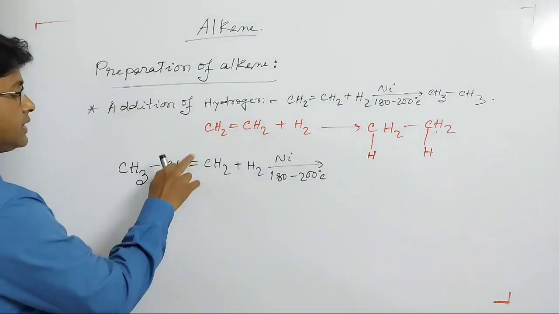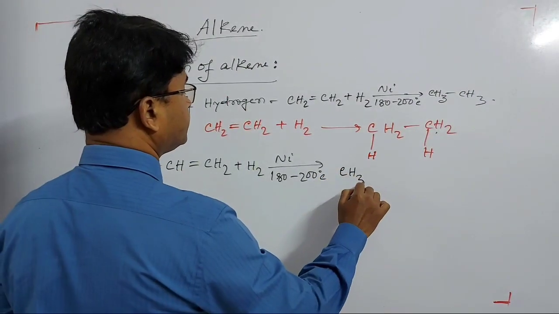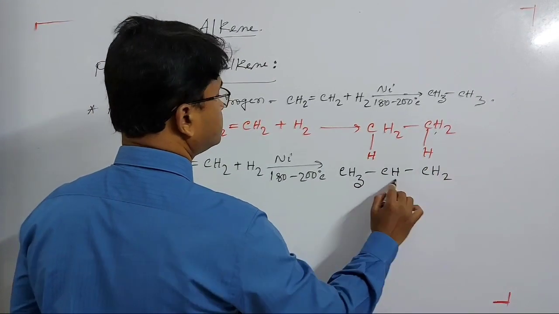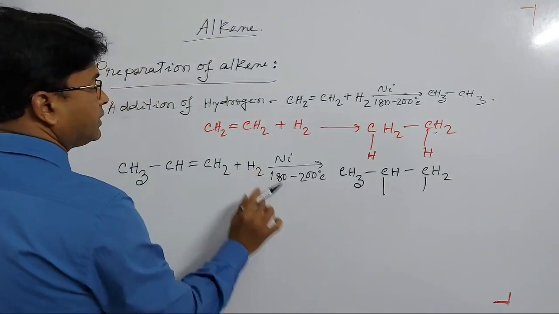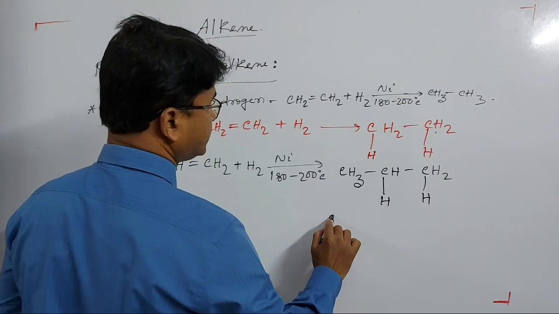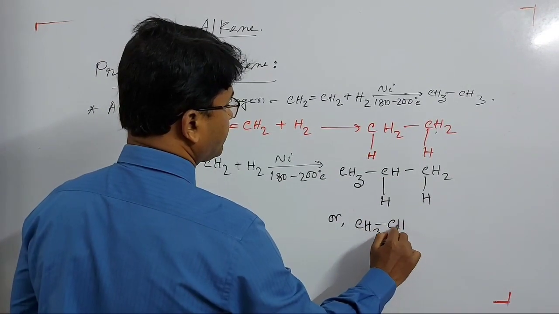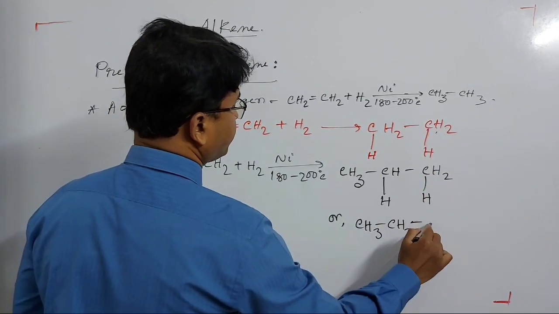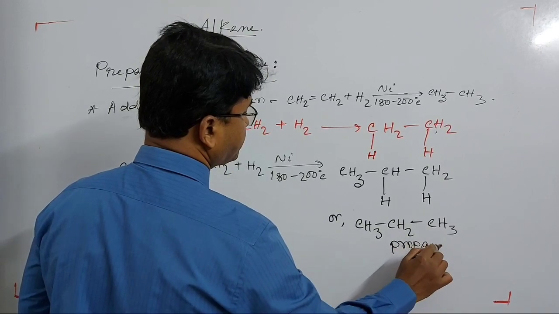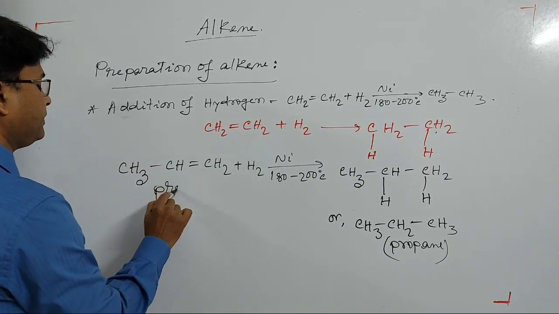Then there is a carbon-carbon double bond, and one bond is broken to form another two new bonds, and two hydrogen atoms combine with two new bonds, and I can write this compound as CH3 bond CH2 bond CH3. This is actually propane, and the name of the starting compound is propene.